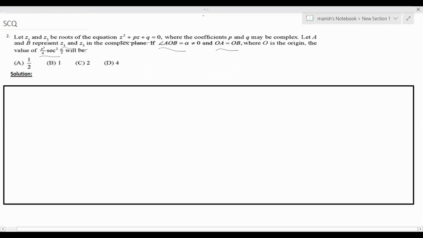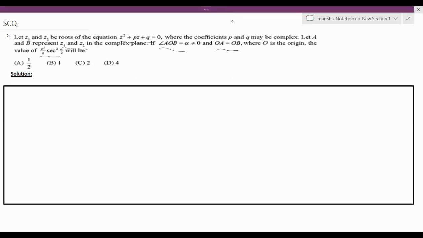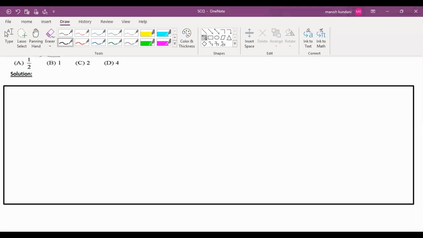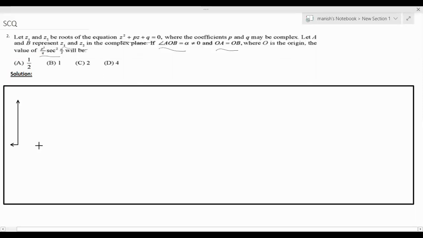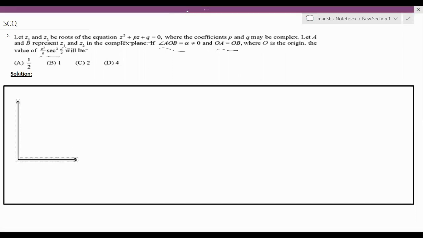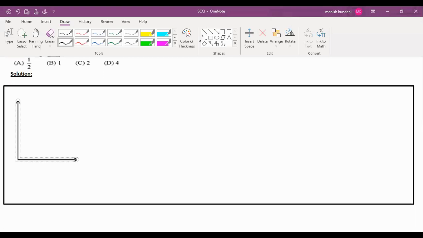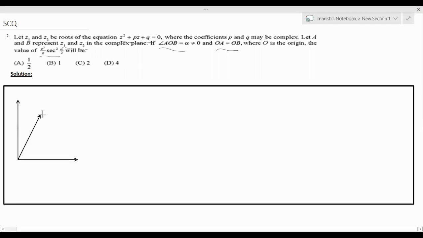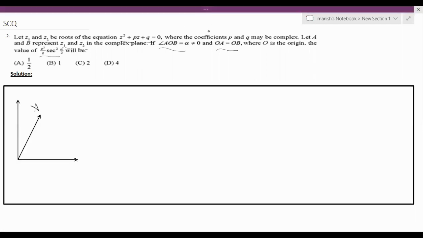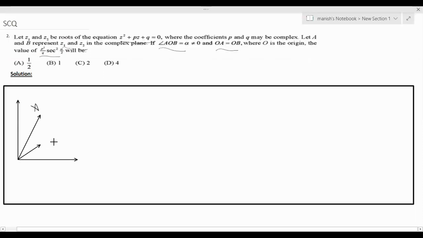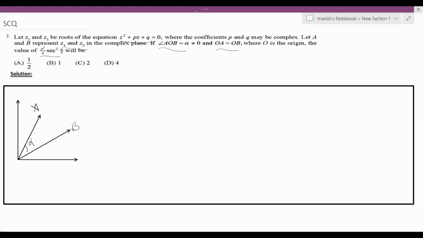So let's try to connect them. The very first thing that I'm going to do is draw the axis plane so that we can locate the complex numbers Z1 and Z2. Let's mark vertex A and vertex B. And what other information is given to us is that the angle between them is alpha.